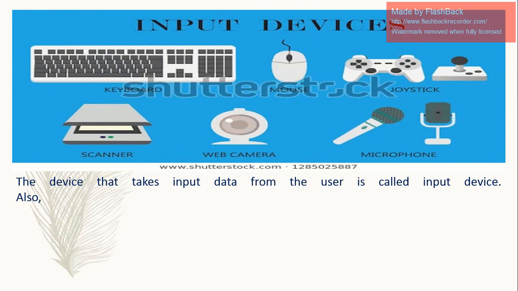So this is the work of input devices: to receive data and instructions from the user, and to provide that input data to the computer for performing its work according to the instructions given by the user, and to produce the meaningful output.